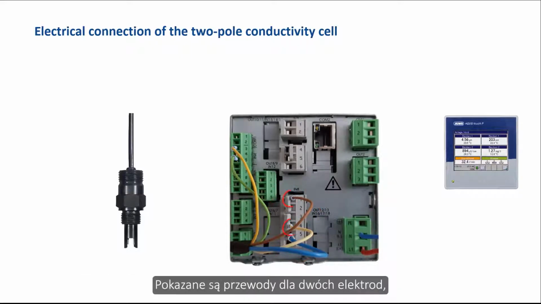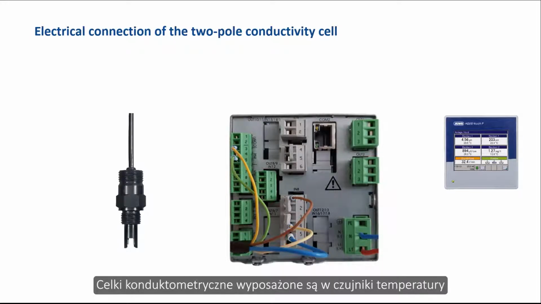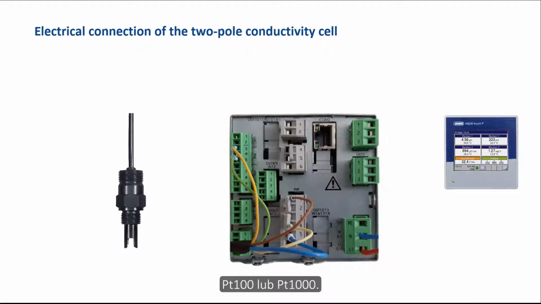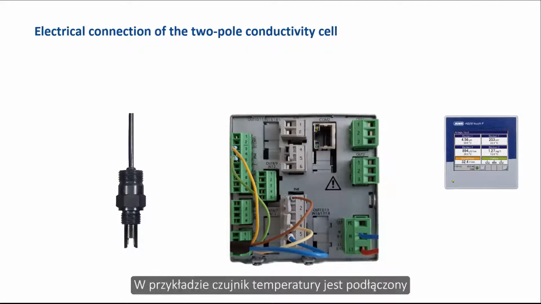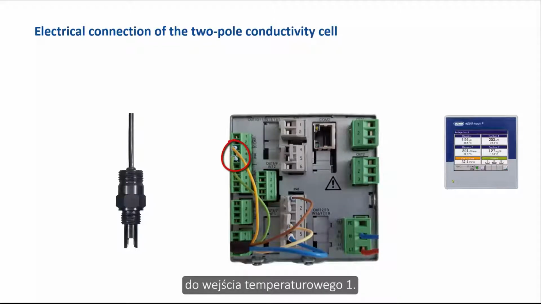Shown are the wires for the two electrodes, the short circuit bridges and the connection of the shielding. Conductivity measuring cells are equipped with temperature sensors PD100 or PD1000. In the example, the temperature sensor is connected to temperature input 1.